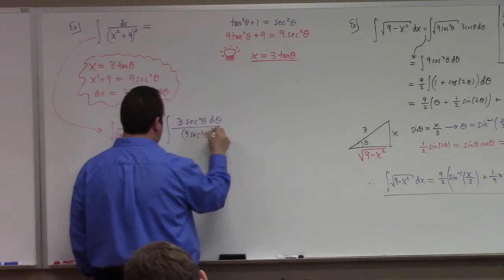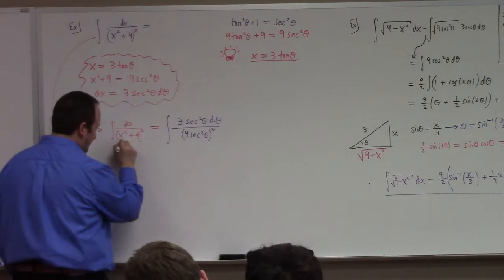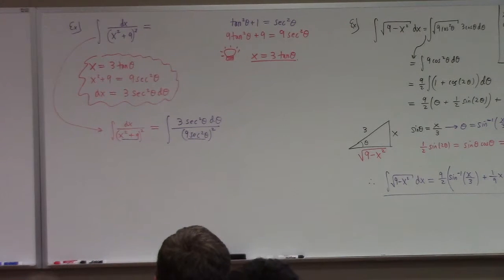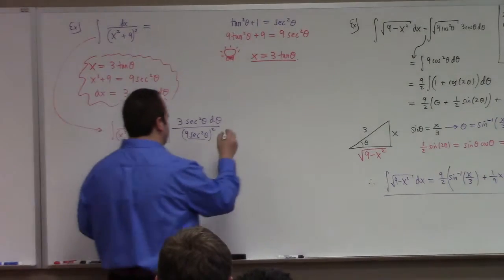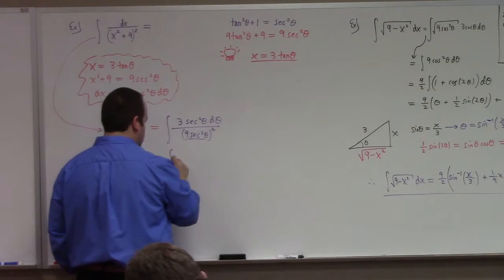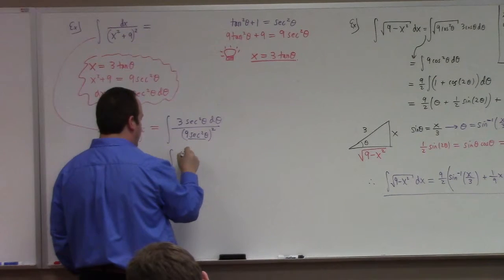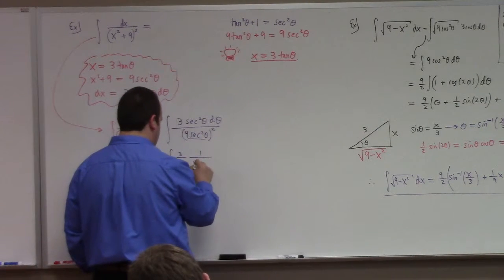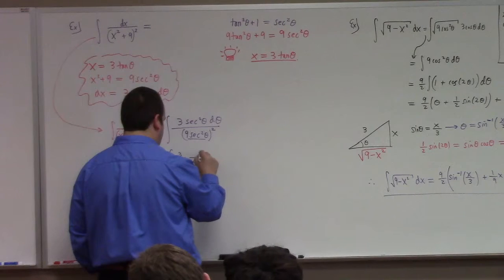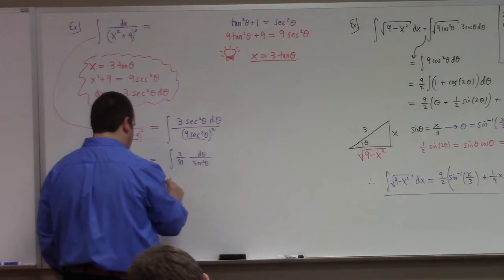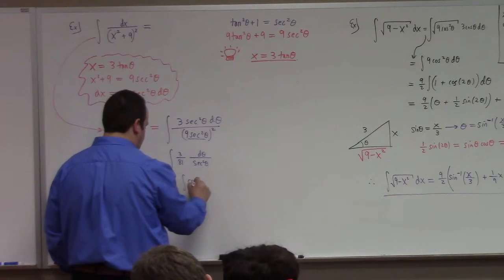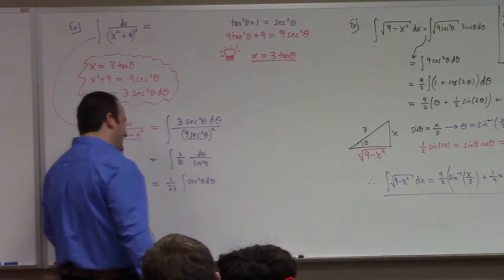That's just this squared, because this is that. How does that simplify? So you've got yourself what? A 3 over 81, 1 over what? Secant squared theta d theta, which is otherwise known as 1 over 27, the integral of, yet again, cosine squared theta d theta.